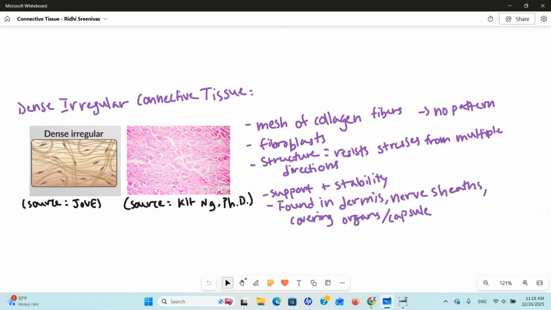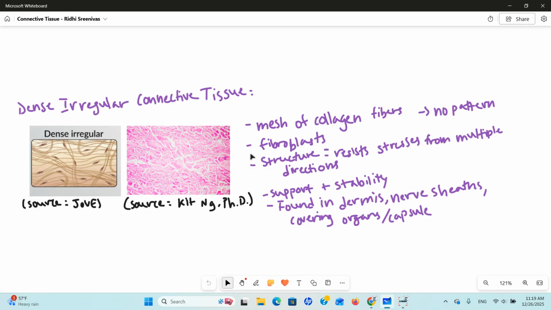Next, we're going to look at dense irregular connective tissue, which is a tight mesh of collagen fibers with no specific pattern, not parallel to each other or anything, therefore irregular, and it mainly has fibroblasts as well.